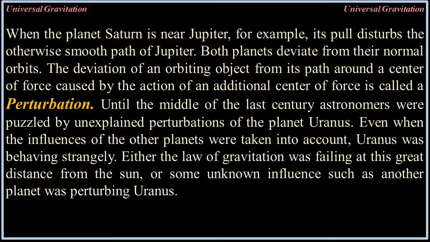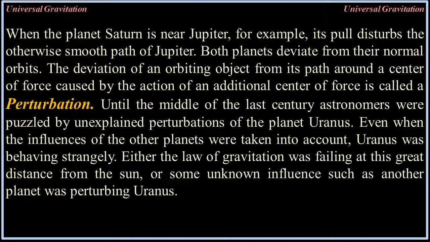When the planet Saturn is near Jupiter, for example, its pull disturbs the otherwise smooth path of Jupiter. Both planets deviate from their normal orbits. The deviation of an orbiting object from its path around a center of force caused by the action of an additional center of force is called perturbation.